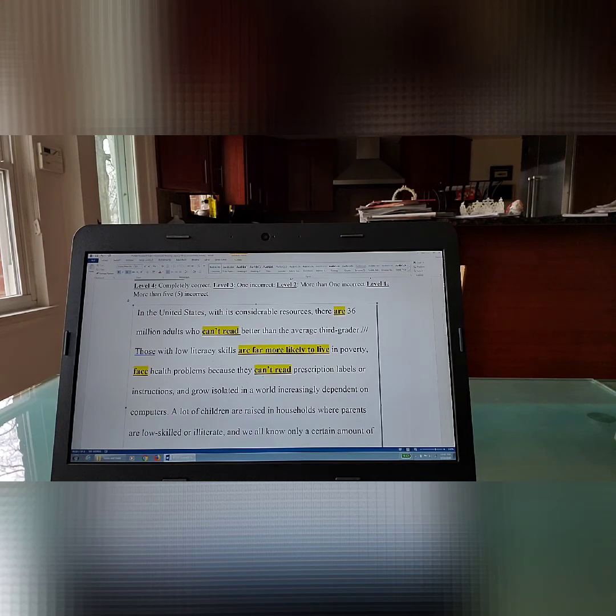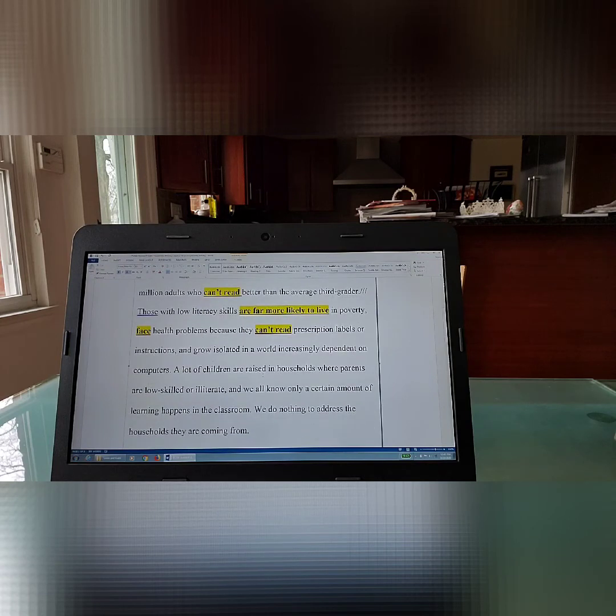Prescription labels or instructions. And grow, right? Now, isolated here, you would think, okay, wow, isolate. So then you put in the ED and that's a verb. That's not actually a verb right there. That's an adjective. But it's to grow, right? So grow is the verb phrase there.